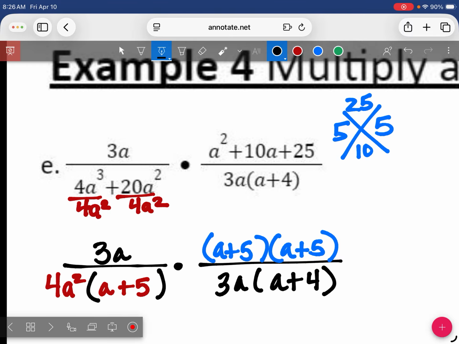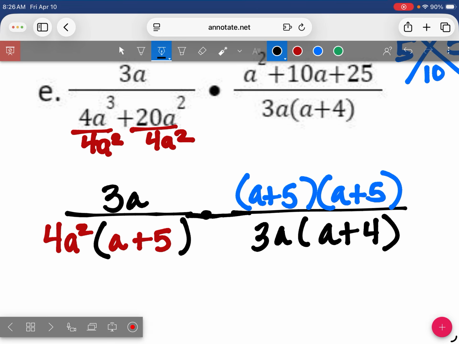All right, now that everything is factored, I connect it and cancel what you can. So I could take away the 3a. What else can I take away?